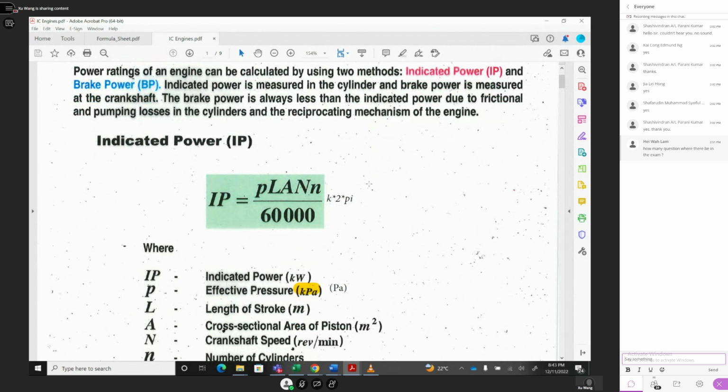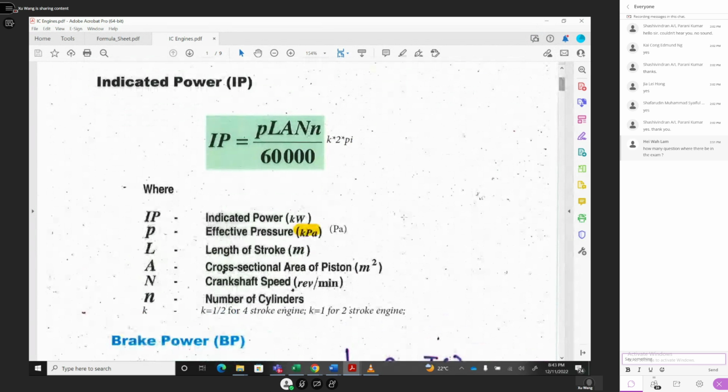Also be careful: this is revolutions per minute, so to convert to radians you have to multiply by 2 pi. Don't forget 2 pi. And K depends on the engine: for a 2-stroke engine, K equals 1; for a 4-stroke engine, K equals 1/2. That's important because for a 4-stroke engine, there are 2 revolutions per 1 firing, so you multiply by half. For a 2-stroke engine, 1 revolution per 1 firing, so K equals 1.